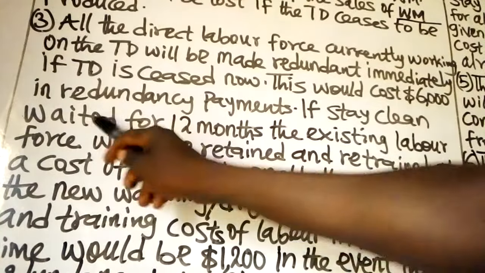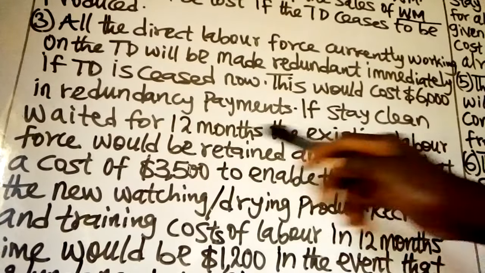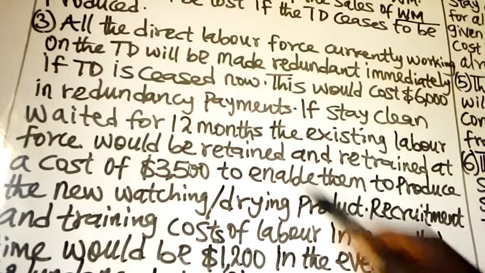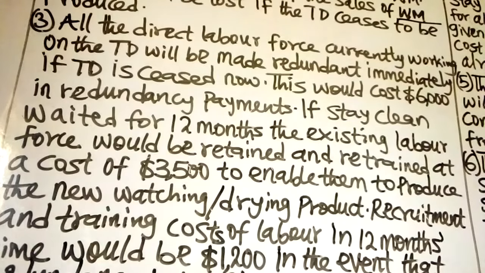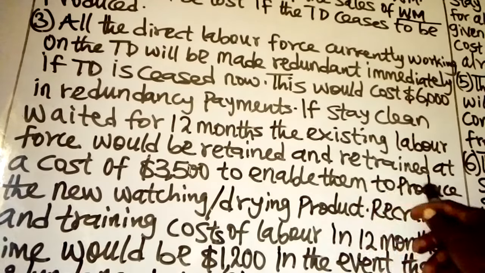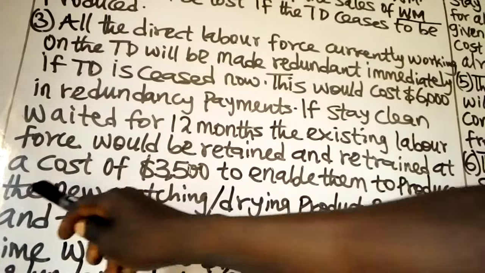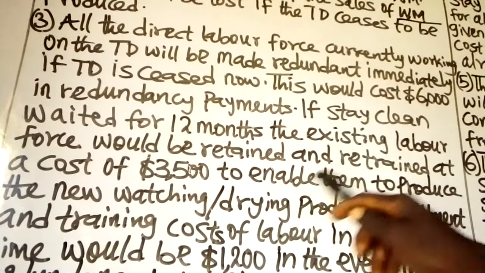If Stay Clean waited for 12 months, the existing labor force will be retained. If they want to cease in 12 months' time, they will still retain the labor, and then they will have to retrain them at a cost of $3,500 to enable them to produce the new washing/drying product.